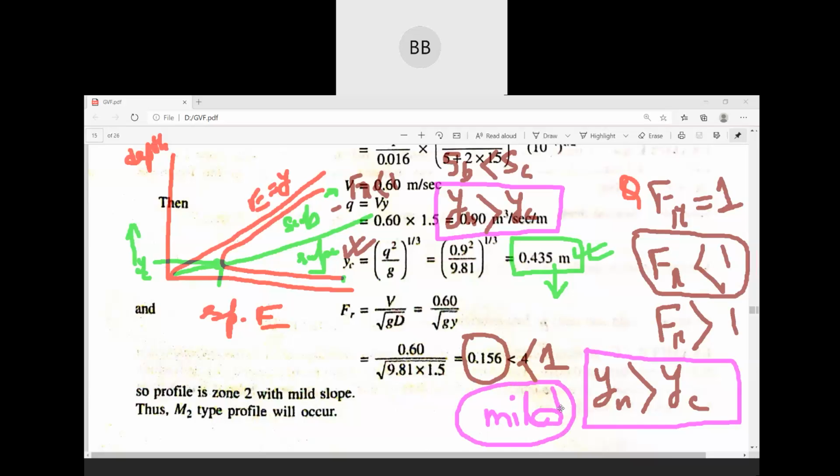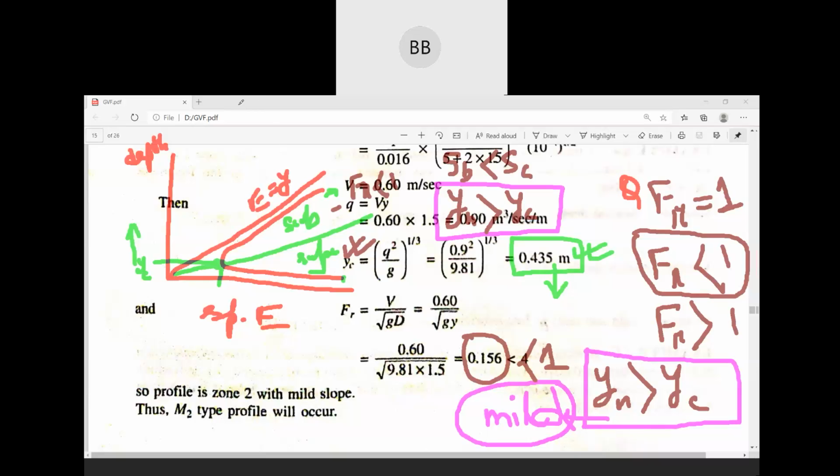We all know that in mild slope, our normal depth is greater than yc. And for this numerical, we have already identified that our flow is subcritical, and whenever the flow is subcritical, it is always greater than the yc value. So from here we can directly identify that our slope is mild. So the first case is done.